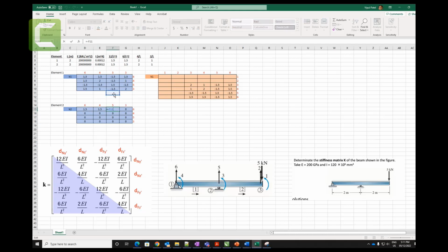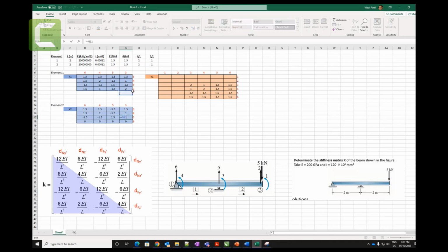Or you can do all these things again that we did for element number 1. When you copy it, it will automatically move all these cell numbers as well. It will be quicker by just drag and drop and pressing the enter button.